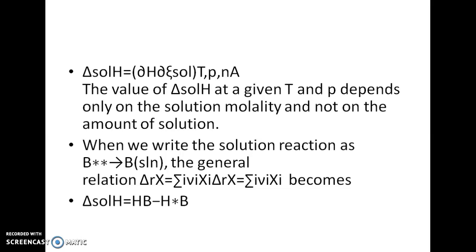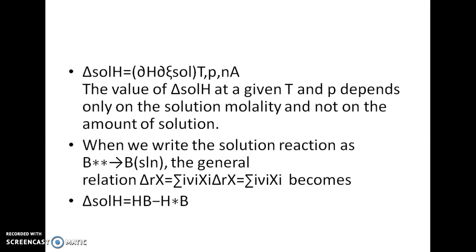The value of delta SOL H at a given temperature and pressure depends only on the solution molality and not on the amount of solution. Therefore, when we write the solution reaction as B star giving B in solution, the general relation can be given by the following equation.